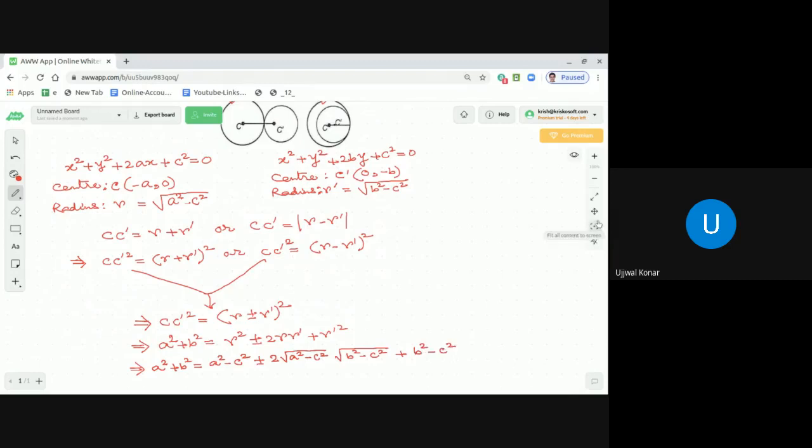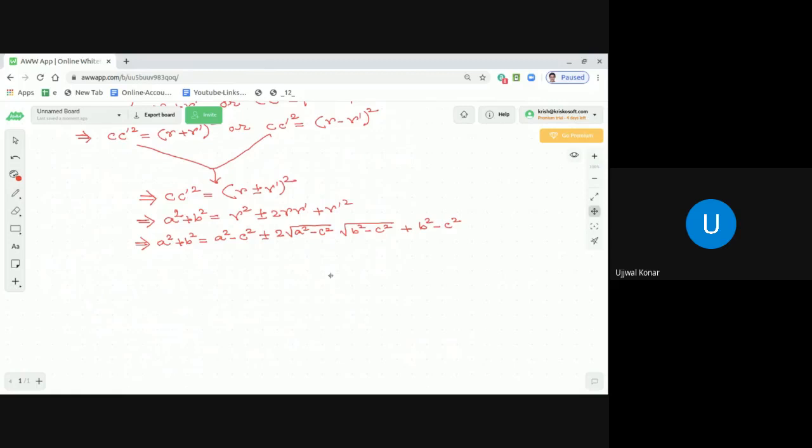Correct, dear students? So from here, a square on the right hand side and a square on the left hand side got cancelled, b square on the right and b square on the left are cancelled. On the right hand side there is minus 2 c square, we took it to the left hand side, so it becomes 2c square is equal to plus minus 2 into square root of a square minus c square into b square minus c square.